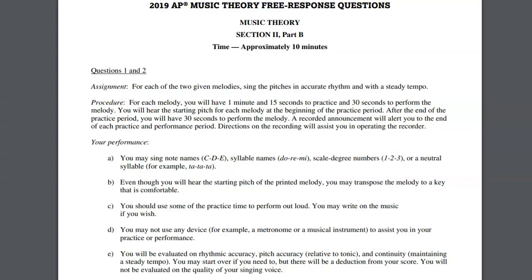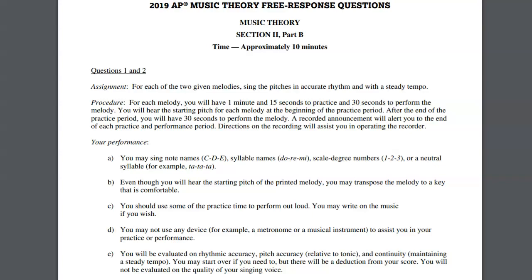Your performance. A. You may sing note names C, D, E, syllable names Do, Re, Mi, scale degree numbers 1, 2, 3, or a neutral syllable, for example, ta, ta, ta. B. Even though you will hear the starting pitch of the printed melody, you may transpose the melody to a key that is comfortable. C. You should use some of the practice time to perform out loud. You may write on the music if you wish.